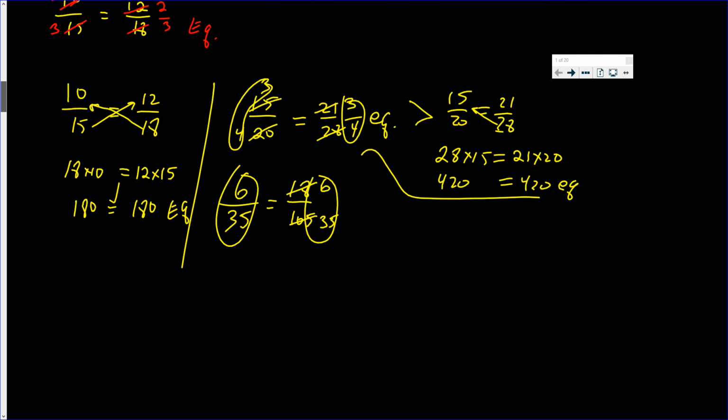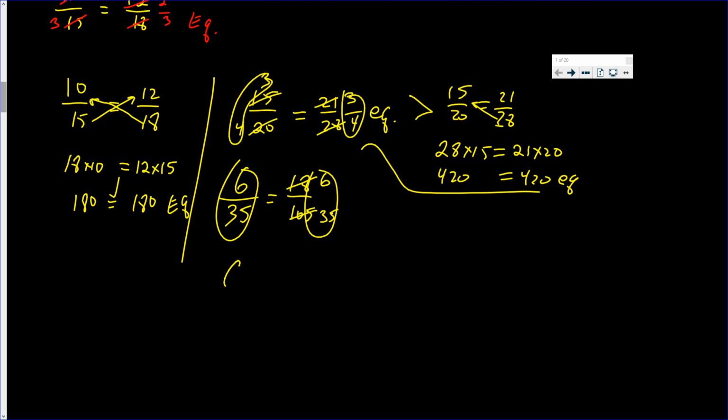Again, an alternative way is, if you have 6 over 35 equal to 18 over 105, you can multiply those two numbers and see if you get the same as multiplying those two numbers.